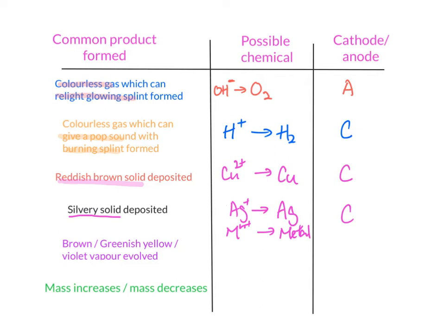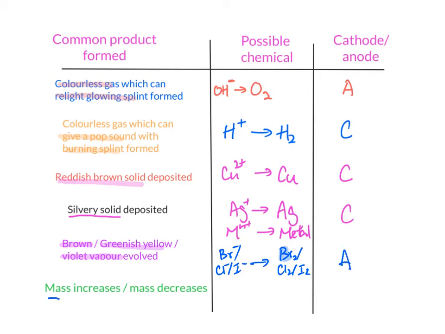Then we have brown, greenish yellow, and violet vapor. You must know that they are referring to bromine, chlorine, or iodine. All these must be coming from bromide, chloride, and iodide. So in this case, it will be anode.